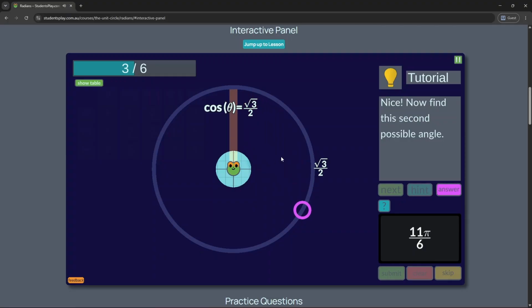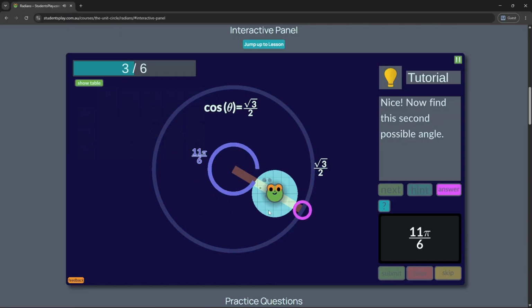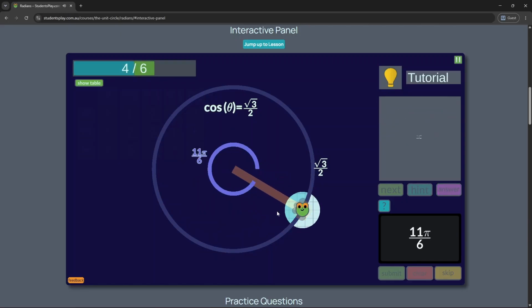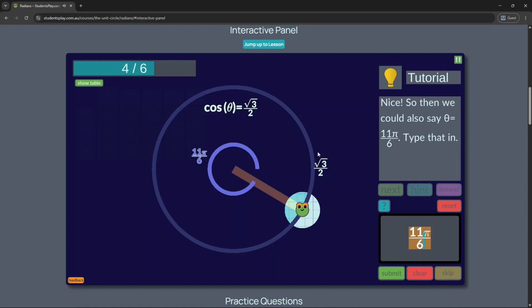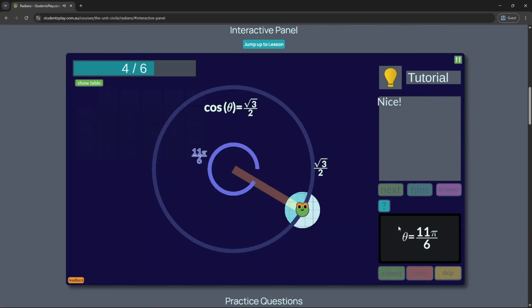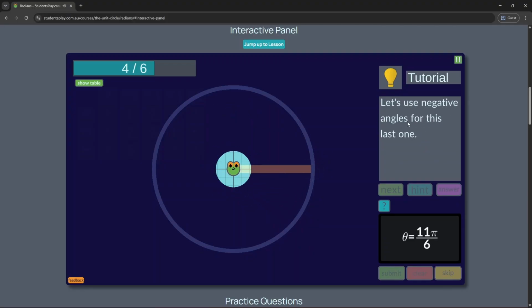And again, if you're using the counting way, 1, 2, 3, 4, 5, 6, 7, 8, 9, 10, 11. If it's still not working in your head, draw a circle on your page, split each pi into 6 pieces, and count your way around. That's what I would do, until you get used to drawing it in your head, or going all the way over to 12 pi on 6 or 2 pi, and then going back.